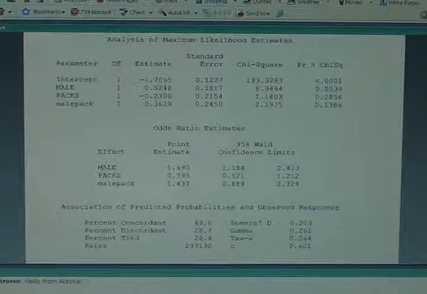And more often than not, you would like to be able to get by without having interaction terms in it, because then you have an easier time interpreting the coefficients of the other factors in the model. But including interaction terms essentially allows for the existence of effect modification. And fortunately, in this case, there's not a significant relationship between the male-packs interaction variable and your outcome.